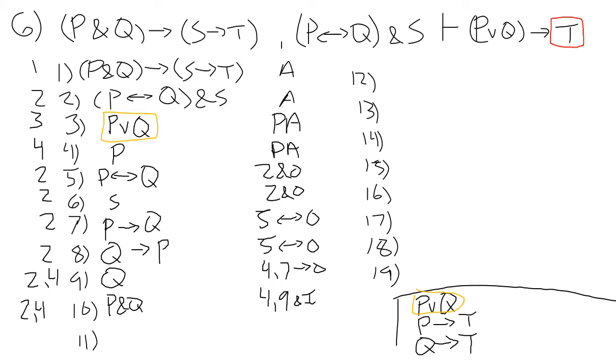And then I can get the S arrow T from 1 and 10 arrow out. 1 and 10 will be 1, 2, and 4. Then I can get T from 6 and 11 arrow out.